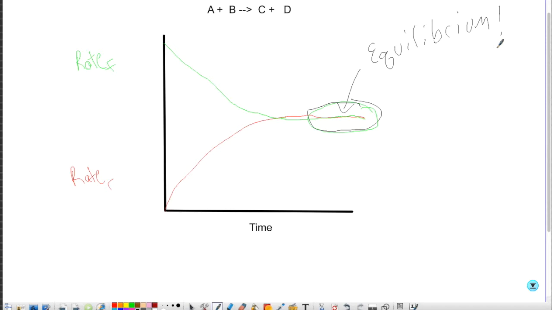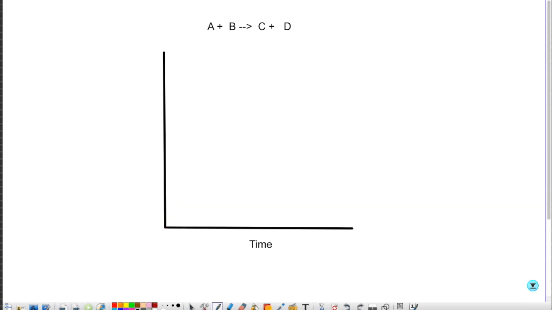All right, so I want to consider a couple different examples graphically, and we'll come back and describe these mathematically in a little bit. I'm going to start with my same concentration of reactants and concentration of products. And I'm actually going to be smart here. I'm going to copy that so I can use it again on the next one.